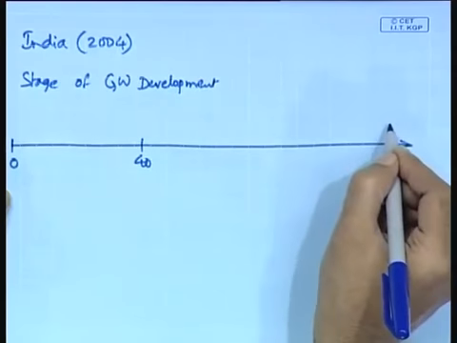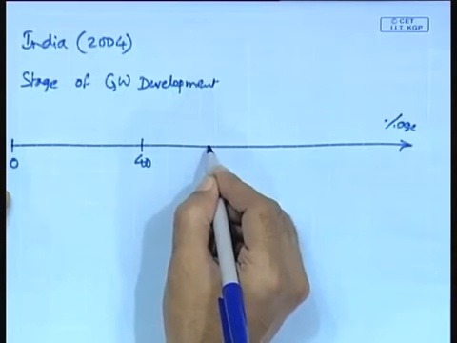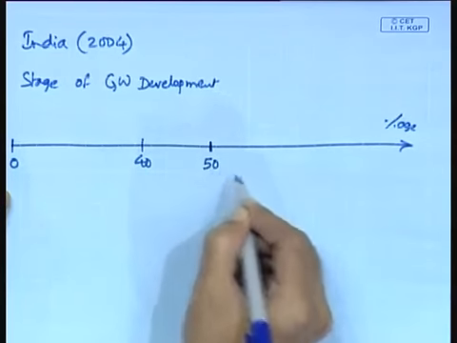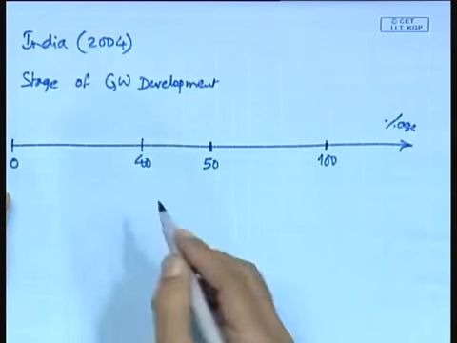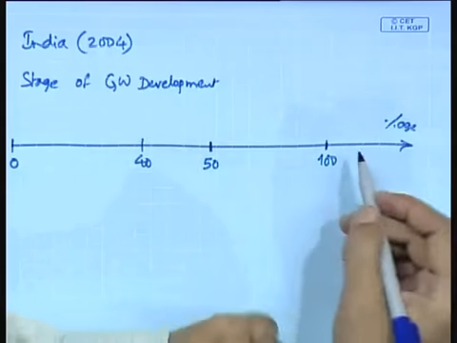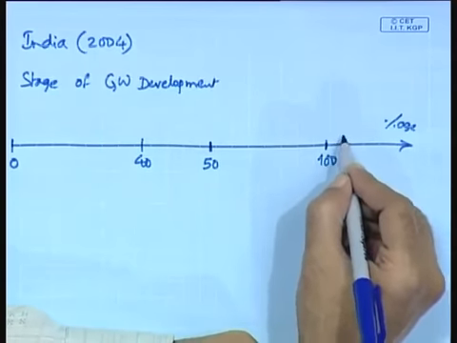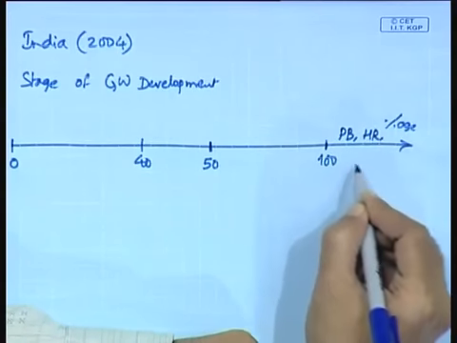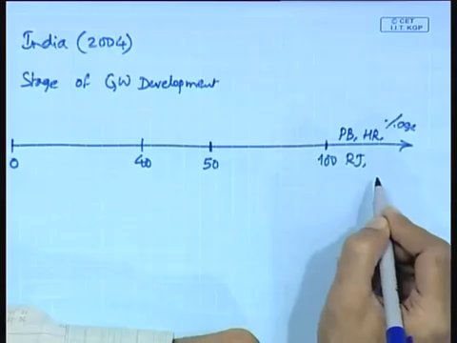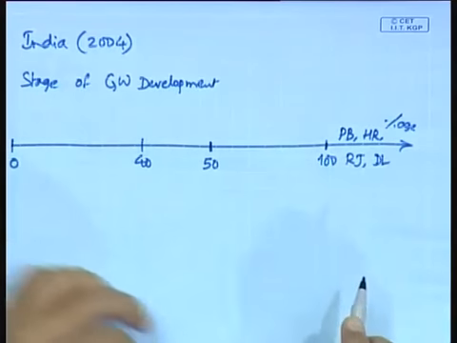This is all in percentage, and say this is 50% and then this is 100%. Above 100% we had the states of Punjab, Haryana, Rajasthan and the National Capital Territory of Delhi.